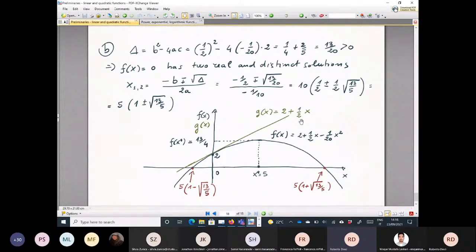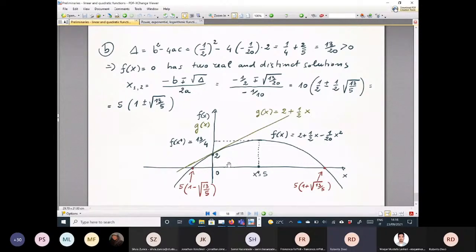The exercise per se is very easy, but I use this to emphasize one thing. It turns out by using the calculus later that this is exactly the best linear approximation to the parabola at the point of abscissa 0. It is the tangent line to the parabola at the point of abscissa 0.